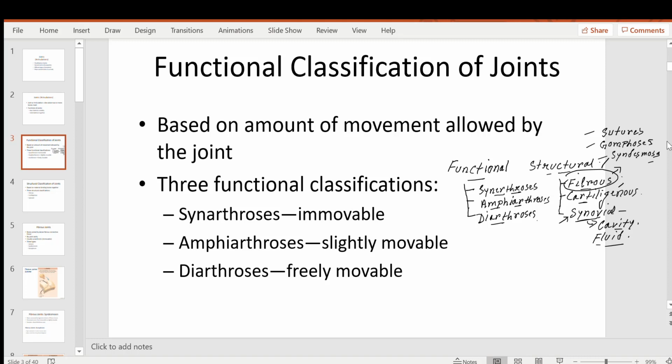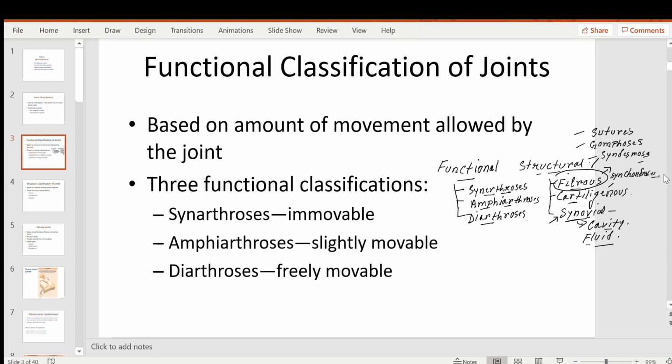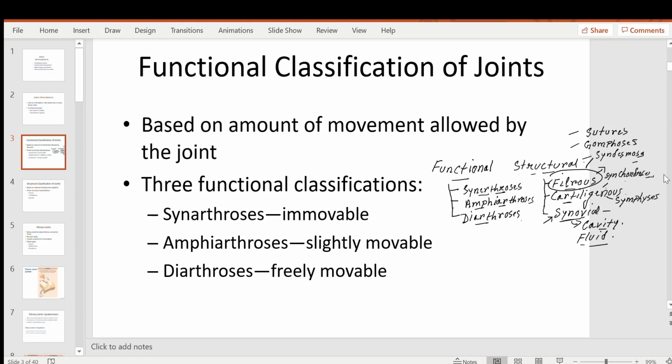Cartilaginous, two types. One is called synchondrosis, and another is called symphysis. So these are two types of cartilaginous: synchondrosis and symphysis. And there are 7 different types of synovial joints. So this is how we classify the joints.